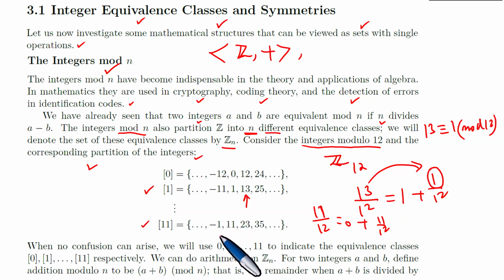Now look at 23. If you divide 23 by 12, you see that 23 is also equivalent to 11 modulo 12. That is something very important here.